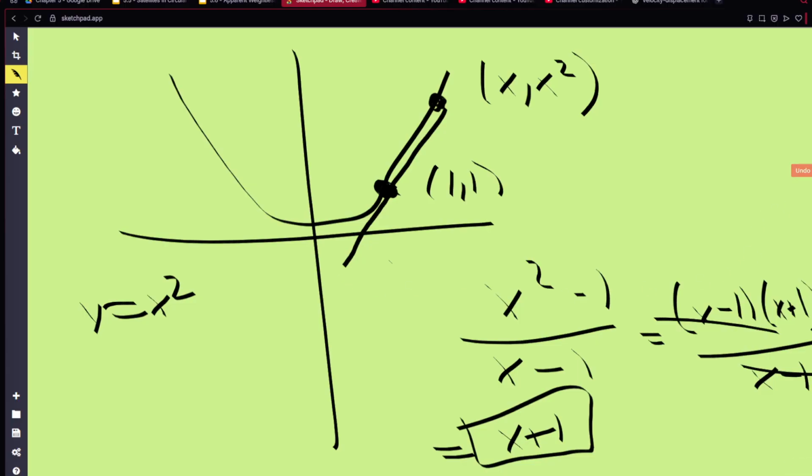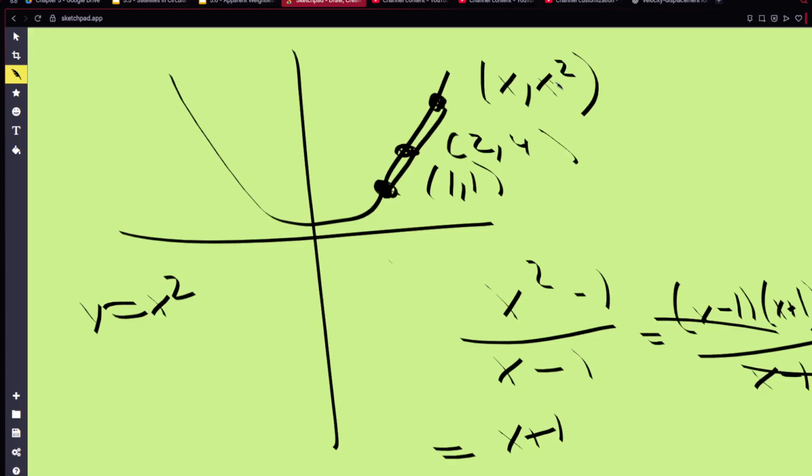No, actually not really. x plus 1 would be the slope between any two points. So let's try a closer point here, and we'll say that this is (2, 4).